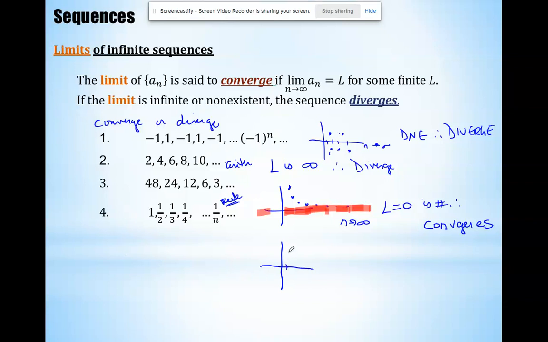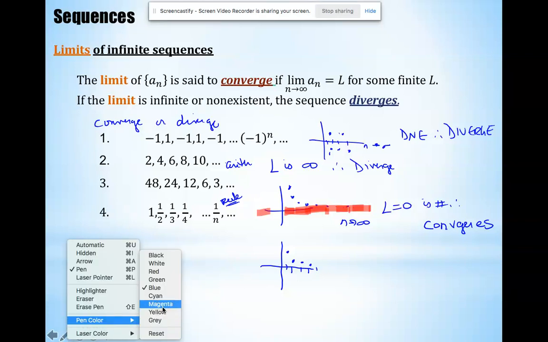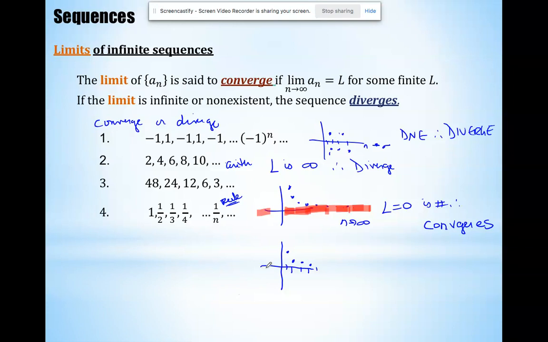The first term is 1. The second term is a half. The third term is a third. Can you see that this graph is also reaching a horizontal asymptote? And if you think of that graph in Algebra 1, Algebra 2, and Pre-Cal, you know what that continuous graph looks like.